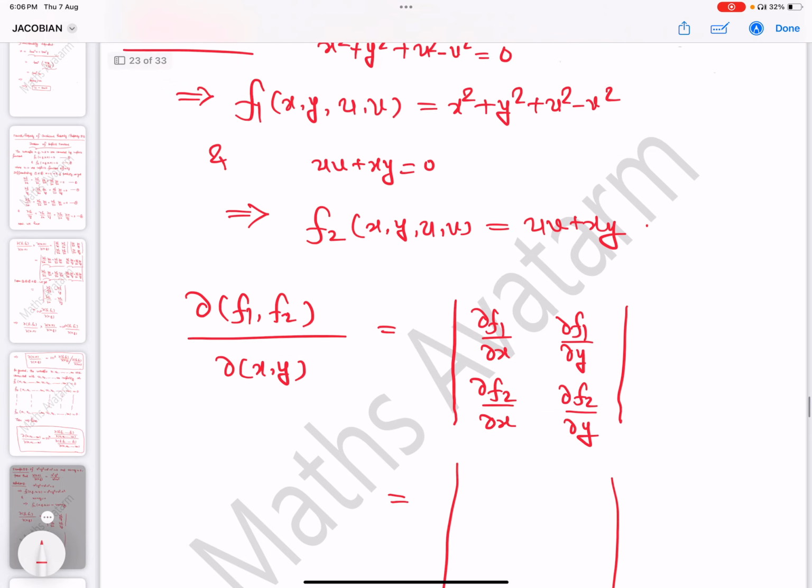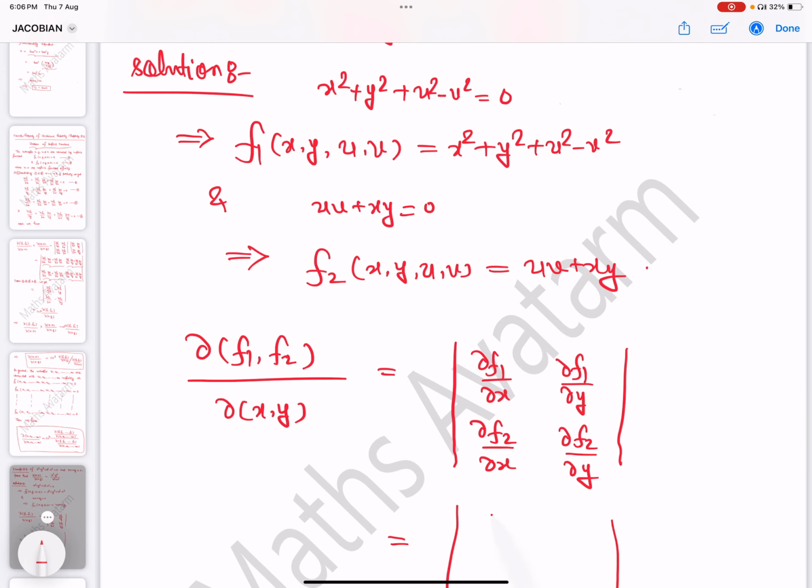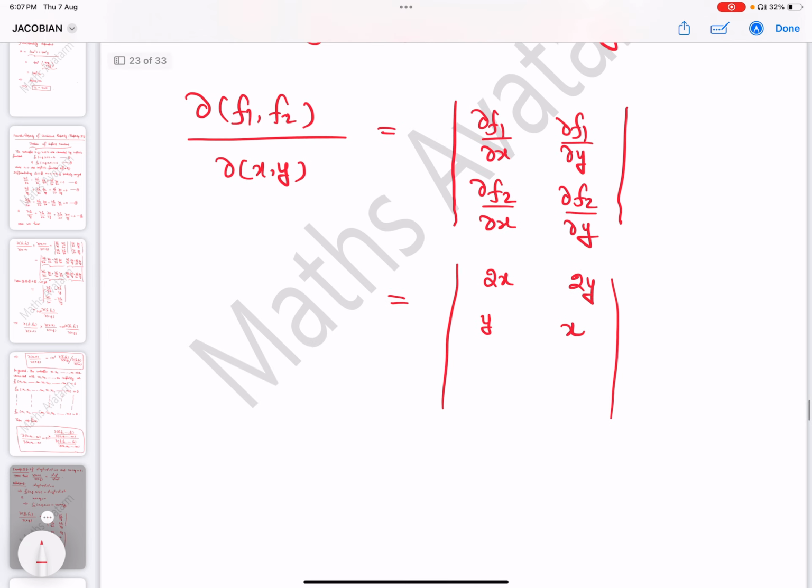So del f1 with respect to x, what is it? It is 2x and it is 2y. Del f2 with respect to x, it is y and it is x. So what is this? 2x square minus 2y square. So it is 2 times (x square minus y square).